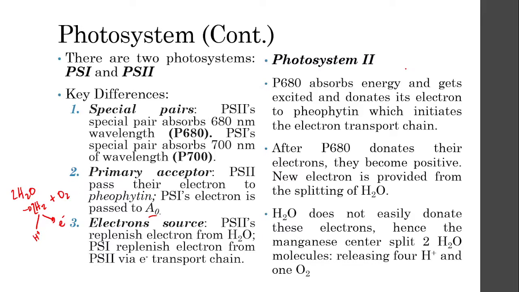H2O does not easily donate these electrons, hence we have what we call a manganese center. The manganese center is the one that has to split your H2O, and two molecules of H2O are split, creating 4 H plus and 1 molecule of O2.